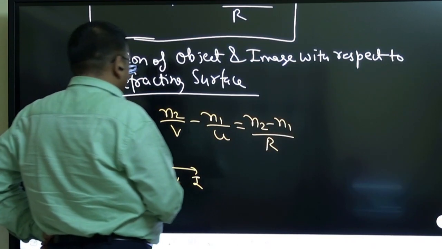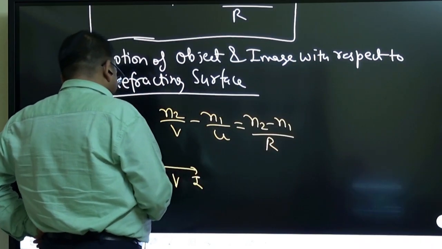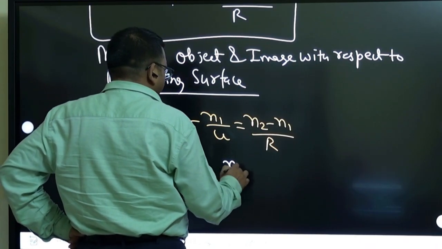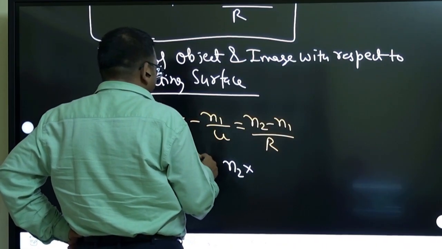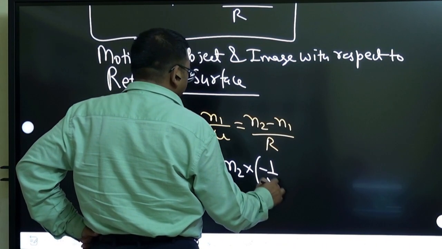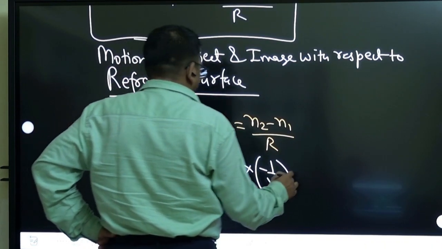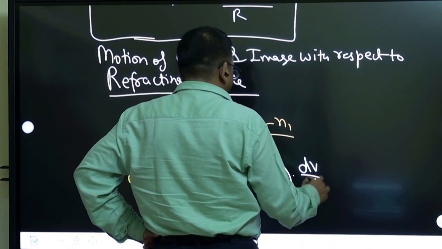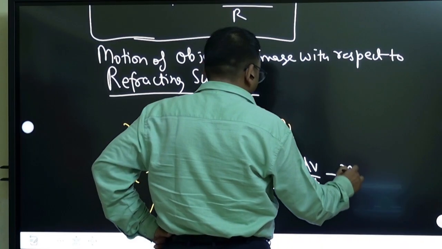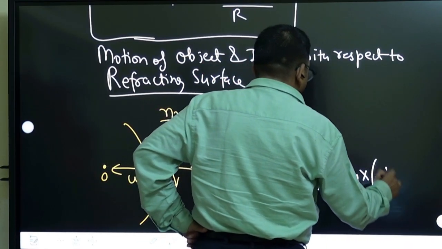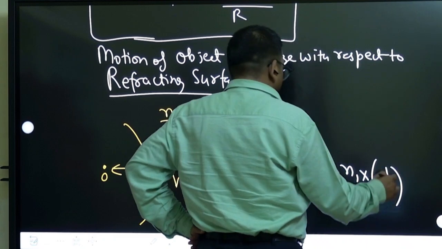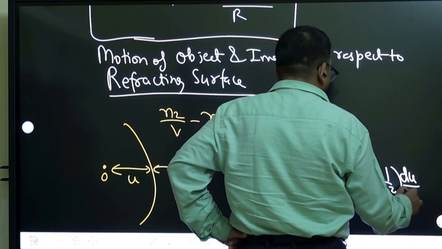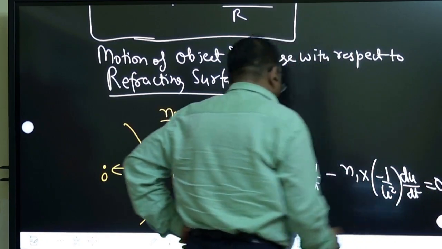So if I differentiate n2, 1 by v differentiation will give minus 1 by v square into dv by dt, minus n1, again minus 1 by u square, this is du by dt, and this side becomes 0.